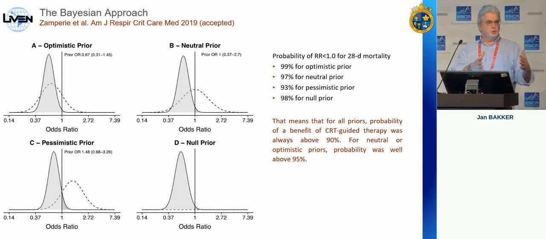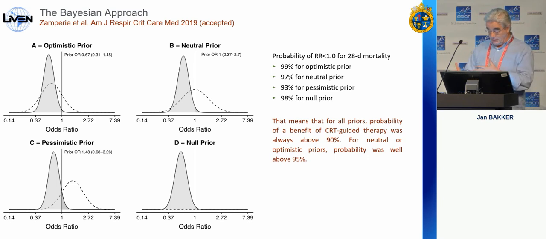And so what you do in this Bayesian analysis is something different. You take a different approach, like, would this be likely beneficial to my patient? And so what you do is you make a very optimistic prior, and so your pre-test probability is, yes, this will have a significant effect on outcome and improve outcome.